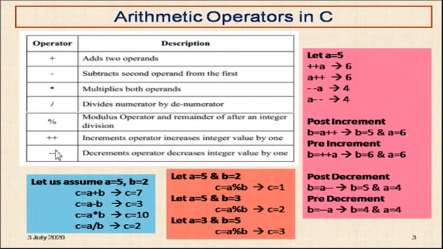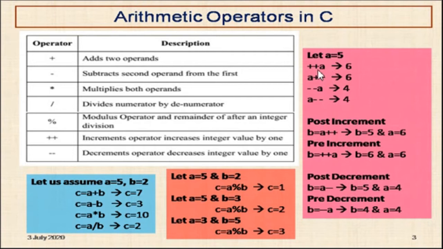The last two, increment and decrement operators, are called unary operators because only one operand, or one data, is involved. So look at the example, plus plus A. Here we have assumed A is equal to 5. So plus plus A will give us 6 because this is the increment operator, which increments the value of A by 1.